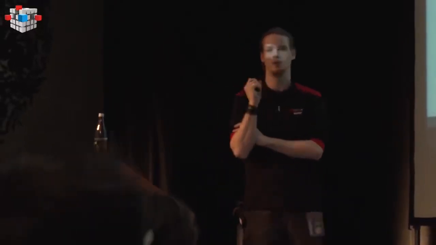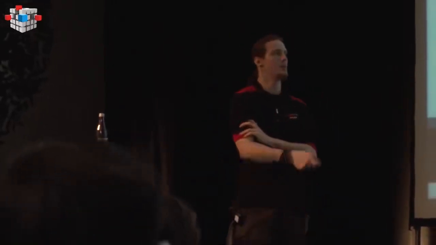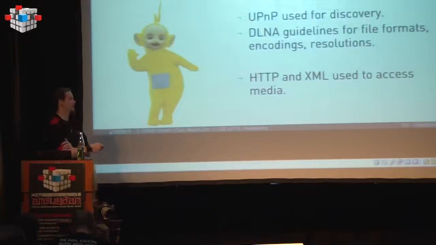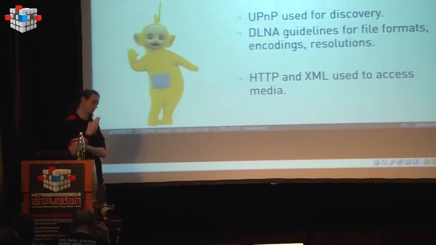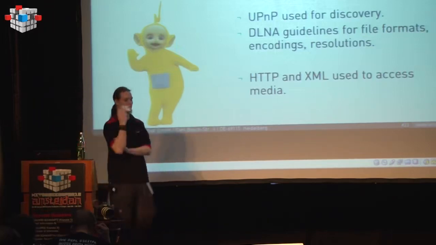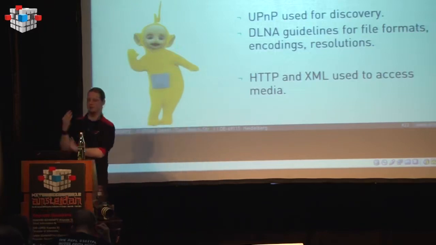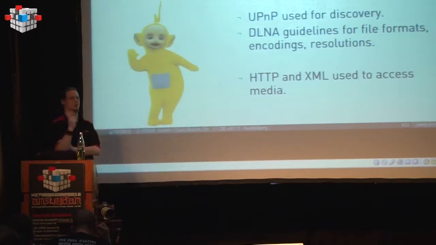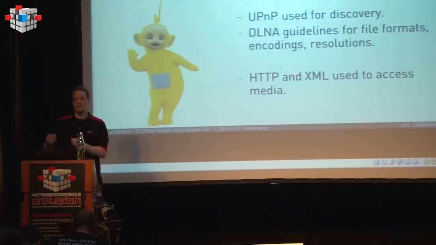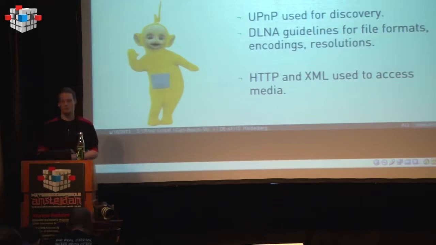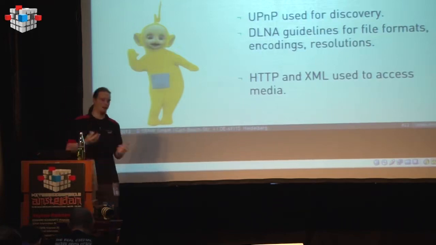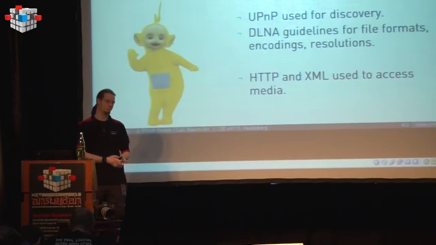And afterwards, DLNA also defines the access mode to get to those media files, which is in this case HTML and HTTP and XML. So in this mode, the camera fires up a web server, and on that web server are some XML files which just describe, okay, dear DLNA ready device, you can find the file listing within this XML file, or I got some nice little pictures for you.